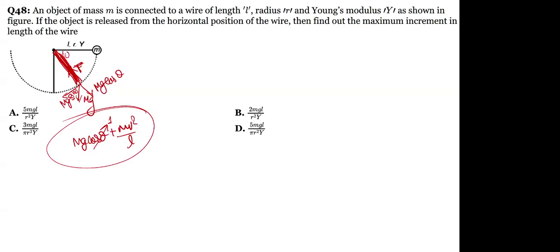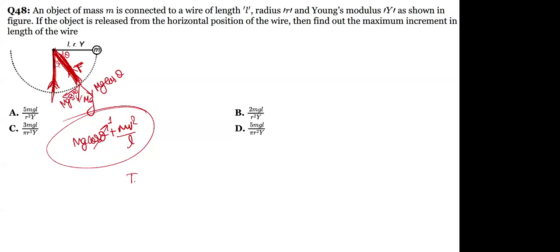And we are measuring theta from here. Theta will be 0 for this position. When it is vertically downward, only in that case there is a horizontal acceleration. The centripetal acceleration will act in this direction, mv square upon L, and that produces the tension in this.